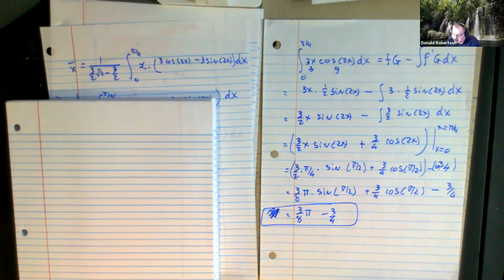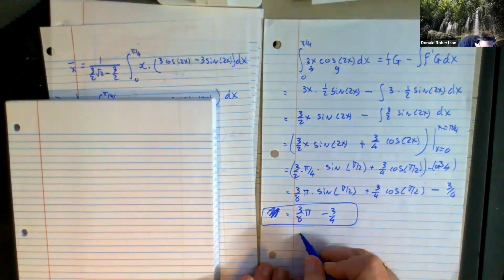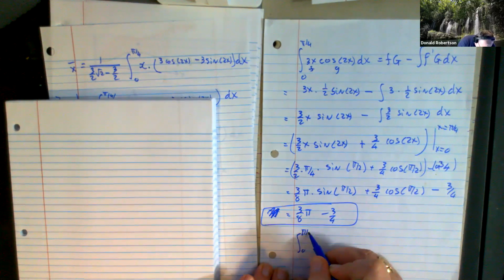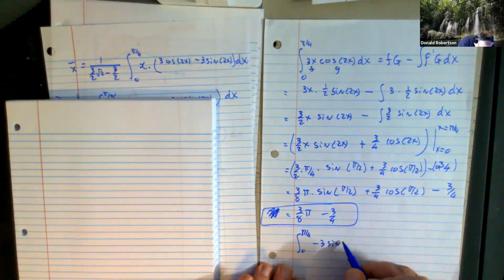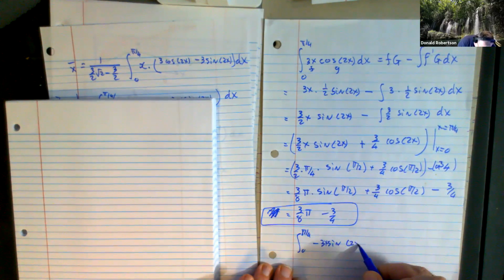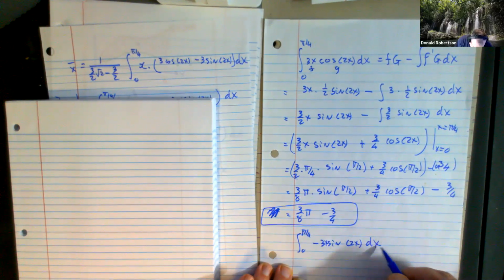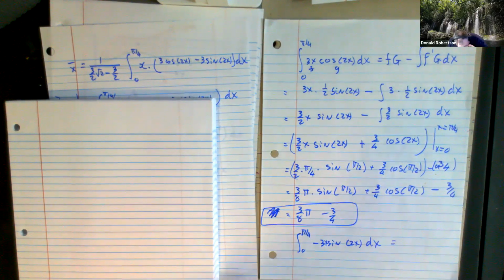Are we good at least with the first half? So what I need to do next is find out what this piece is. And I'll do integration by parts on that fella. And what will I get? I'll just jump to the answer.